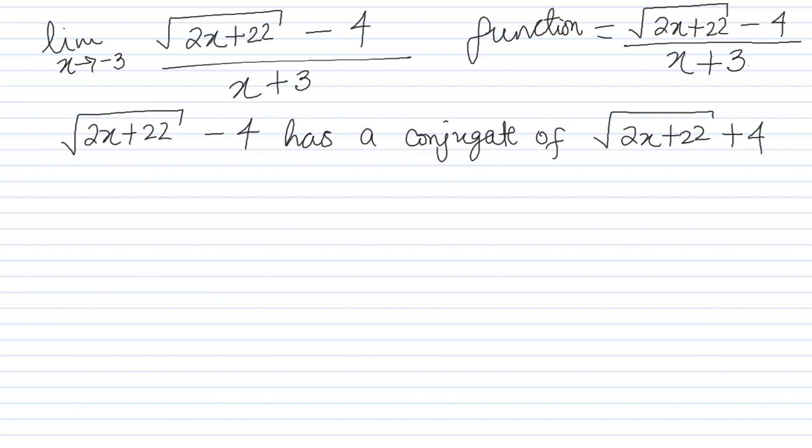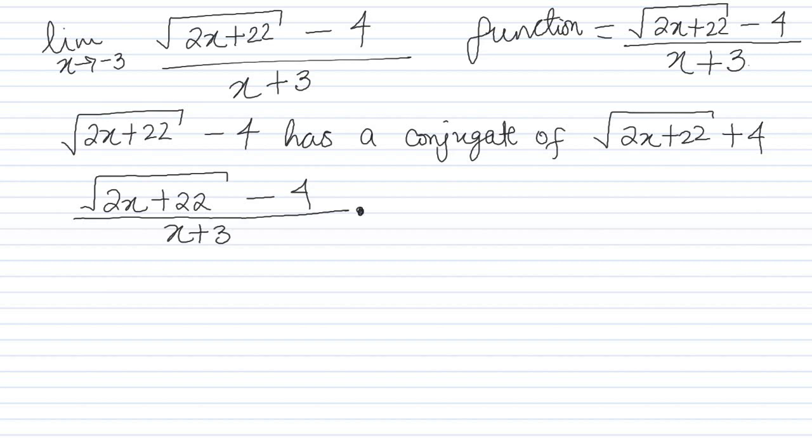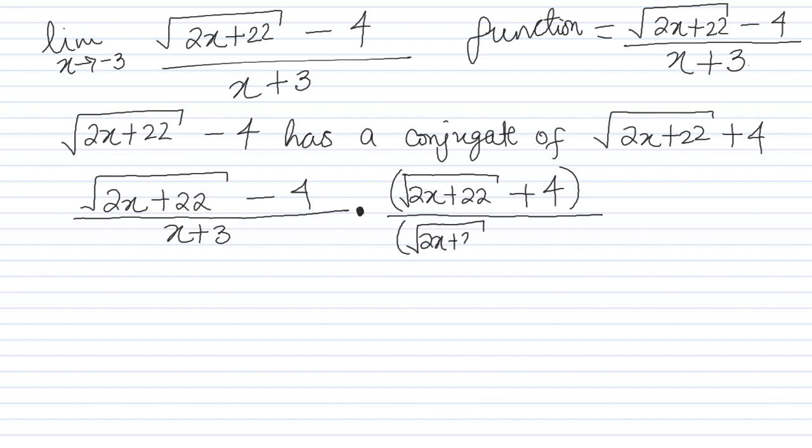So you end up with the square root of 2x plus 22 minus 4, divided by x plus 3, multiplied by, when I multiply the conjugates, the square root of 2x plus 22 plus 4, divided by the square root of 2x plus 22 plus 4. So that is basically it.